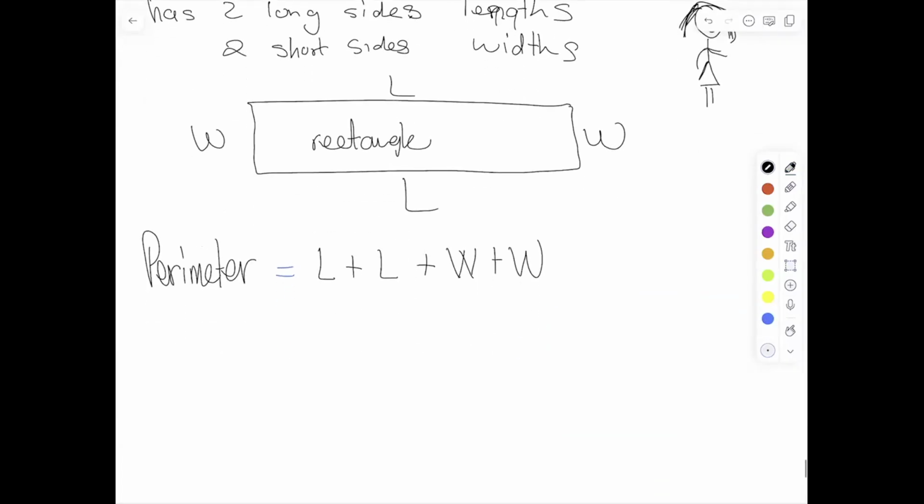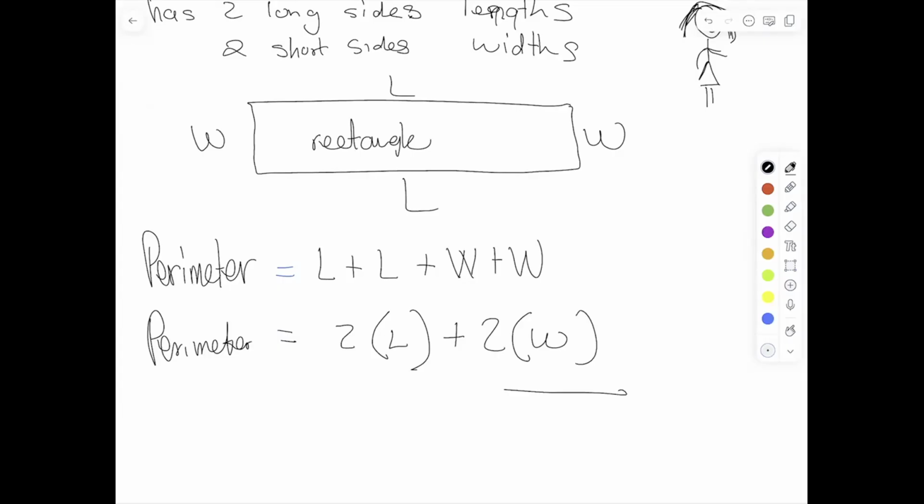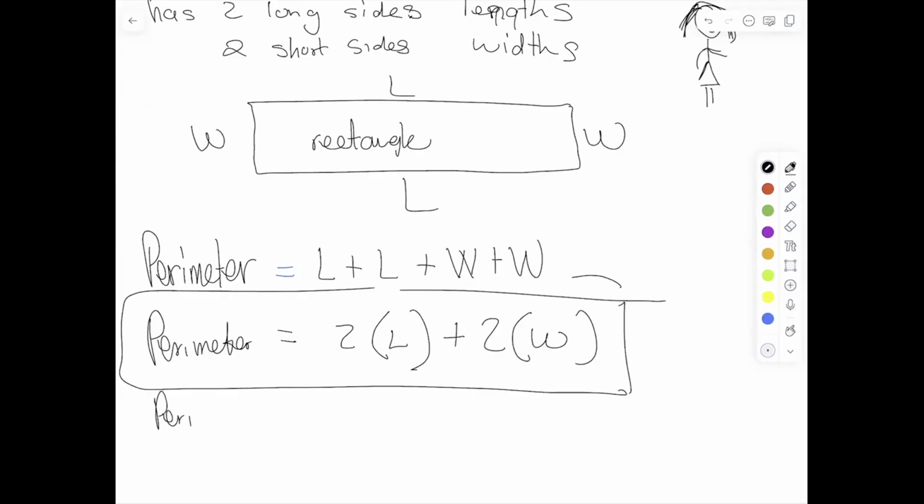So perimeter is the addition of 2 lengths and 2 widths, which is the same thing as saying 2 times L plus 2 times W. Do you agree that we have 2 L's and we have 2 W's? Yes. So this is the formula for the perimeter of the rectangle.